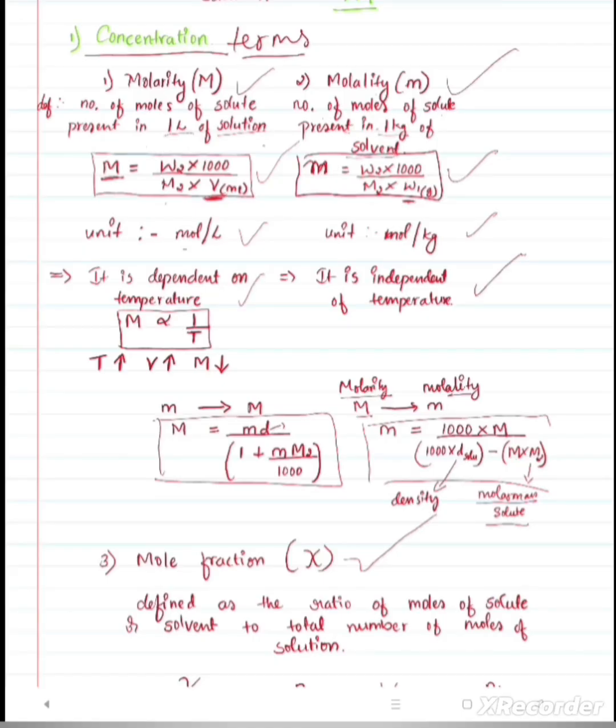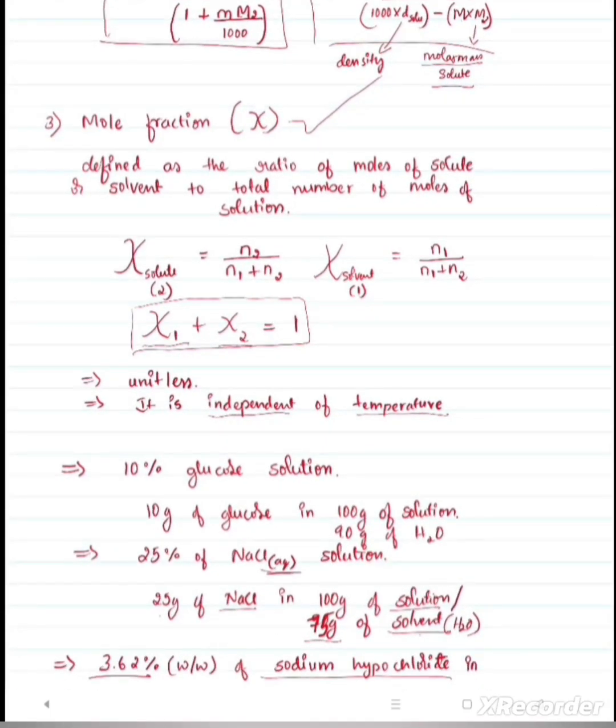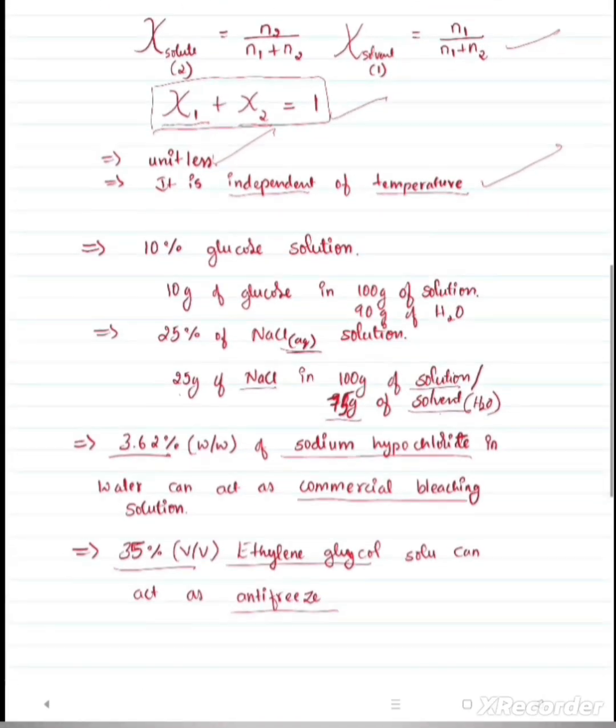Molarity is related to volume, molality is related to mass. So if temperature increases, volume also will increase, molarity will decrease. Then the relationship between molarity and molality is very, very important. Then comes mole fraction: definition, formula, it is unitless, and it is also independent of temperature. Then these 4 points you have to remember from the concentration.